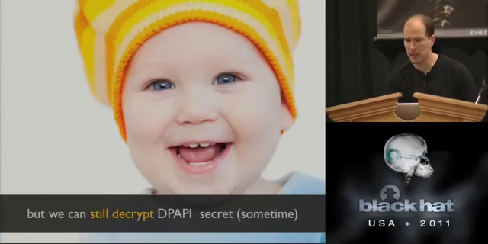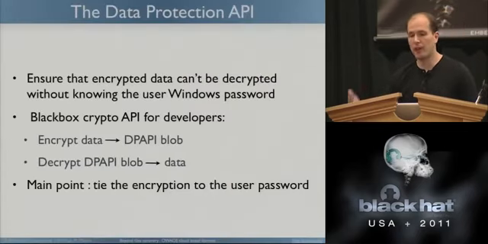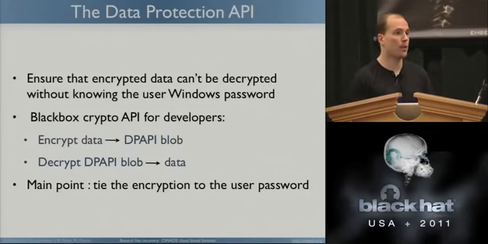So, DP-API, also known as Data Protection API, is the API released by Microsoft with the idea in mind that if you store high-level passwords, they should be tied to your Windows password. So the same user on the same computer, or people who are able to steal your laptop, are not able to extract your password directly without doing some work.